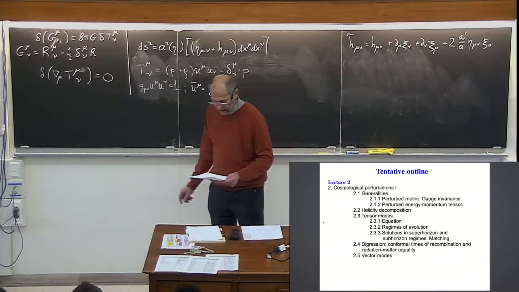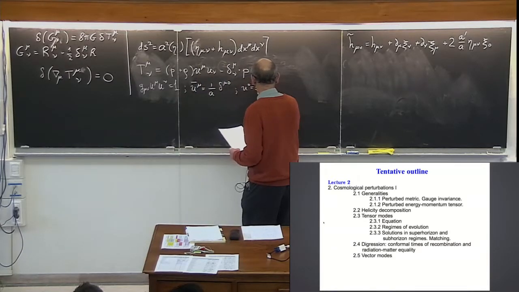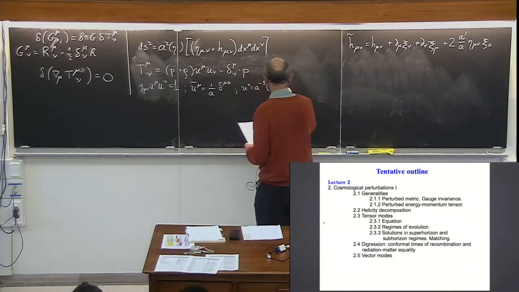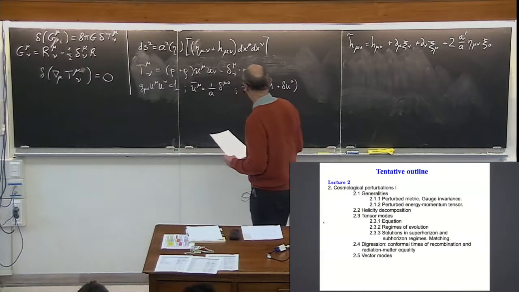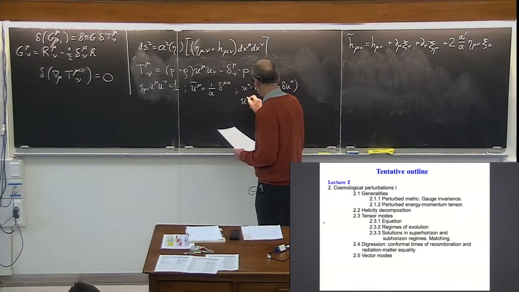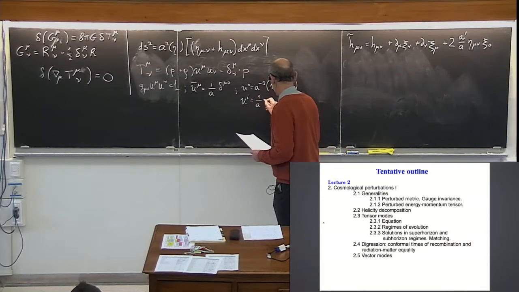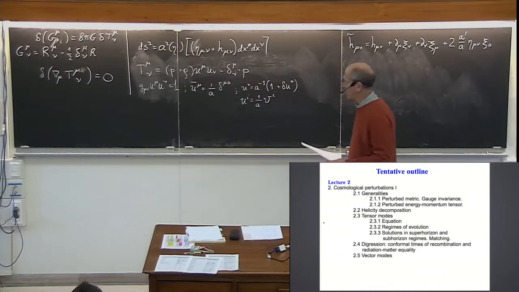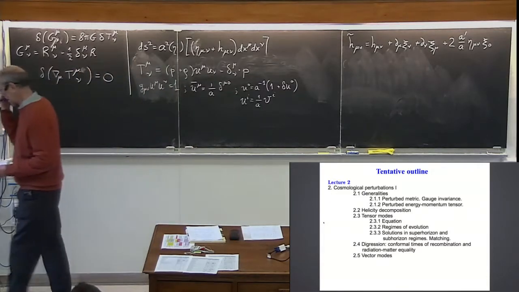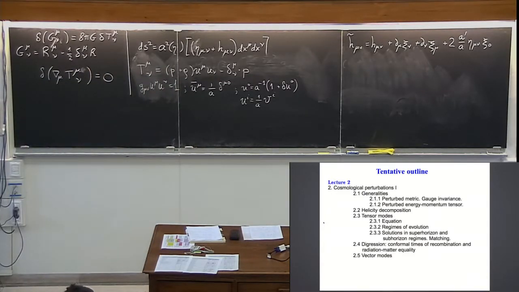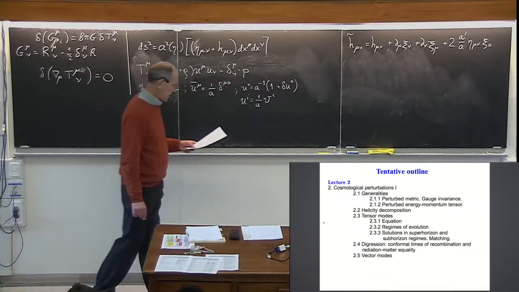Okay. And in general, u0 is 1 over a times (1 plus delta u0), whereas the spatial components denoted by i are small, 1 over a times vi, okay? Where vi is physical velocity, ui is the coordinate velocity, and vi is physical velocity. Why is that so?